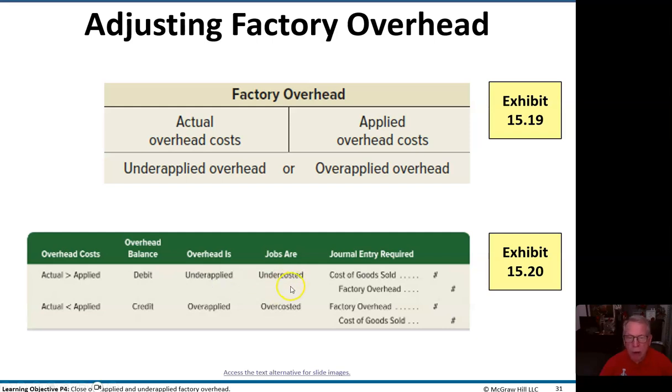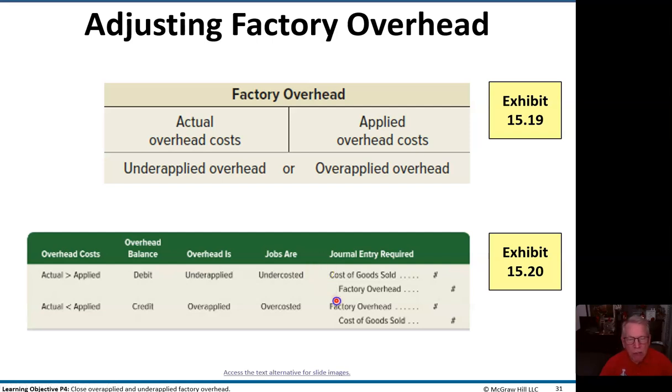The jobs, therefore, are going to be undercosted because we haven't applied enough overhead into the jobs. So we make a journal entry to correct this on the financial statements by debiting cost of goods sold, which increases it, of course, and crediting factory overhead.